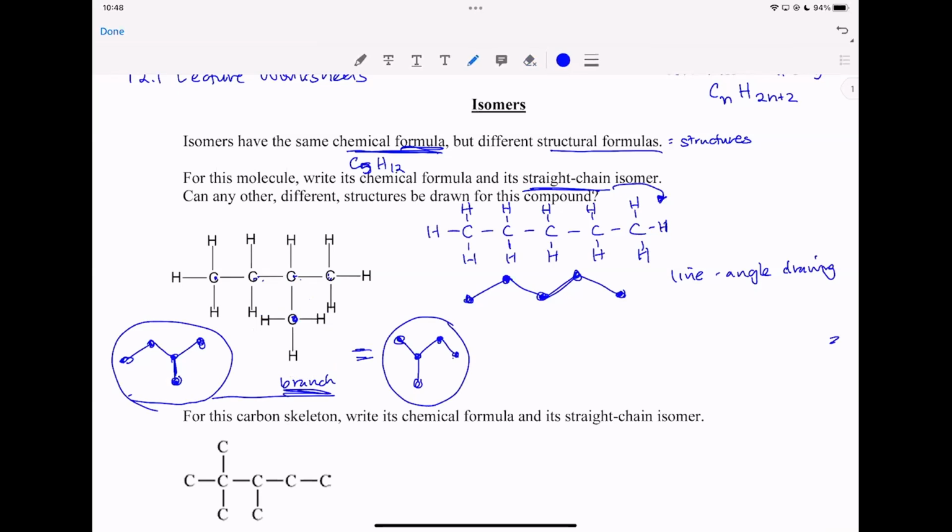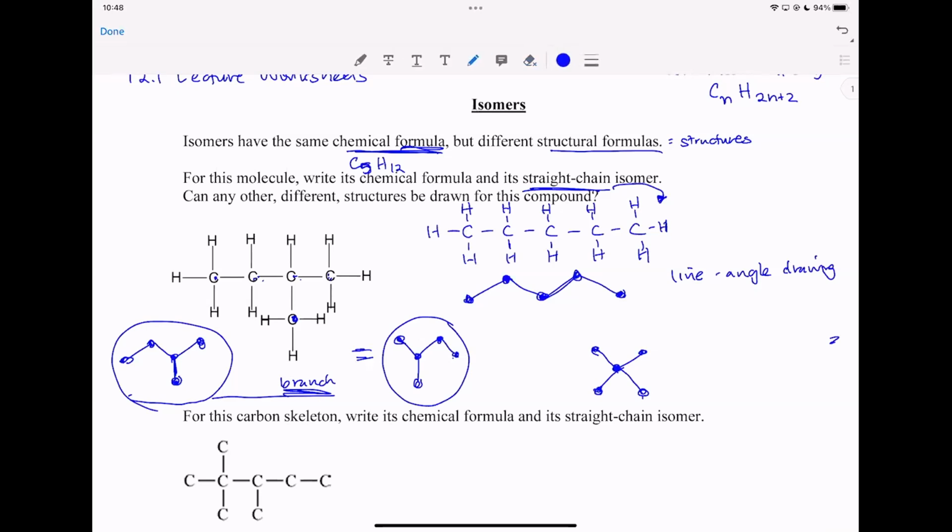Okay, and so another version of this that we can draw, let's see, we can do 4 carbons. We can do 3 carbons, 1, 2, 3, 4, and then 5. 1, 2, 3, 4, 5 carbons. So this is another version.